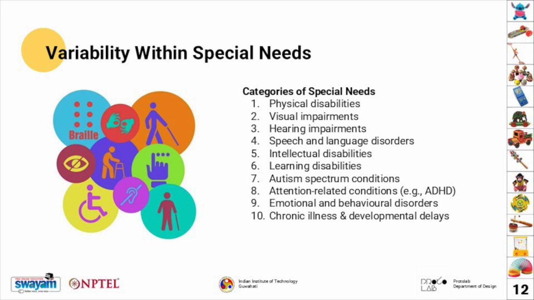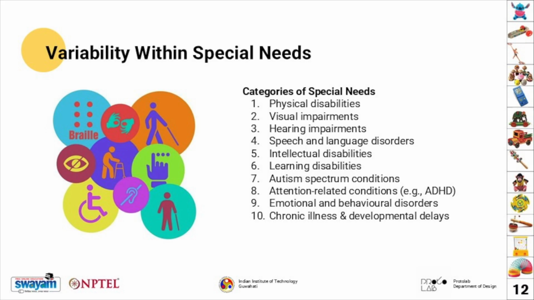Visual impairments range from low vision to blindness. For these children, toys relying heavily on visual cues may exclude them unless adapted through texture, sound, or contrast. Hearing impairments affect how children perceive sound.